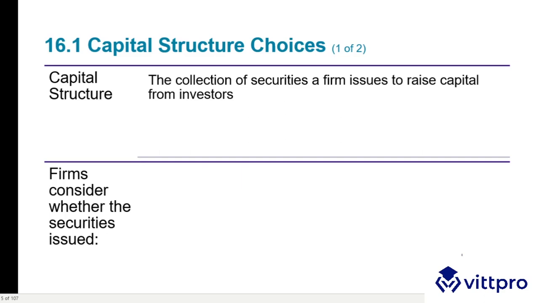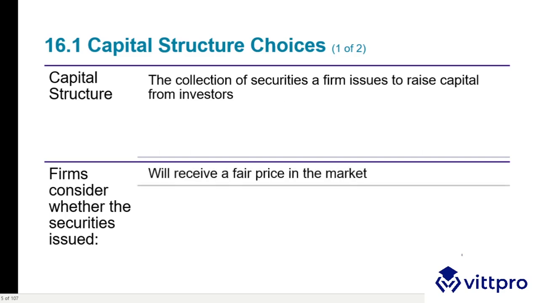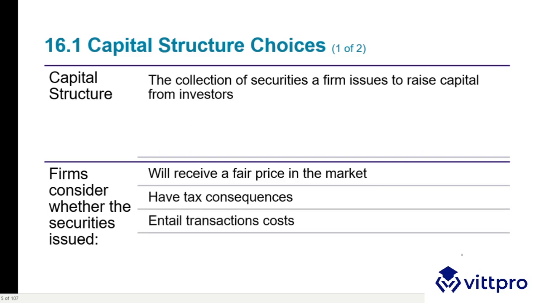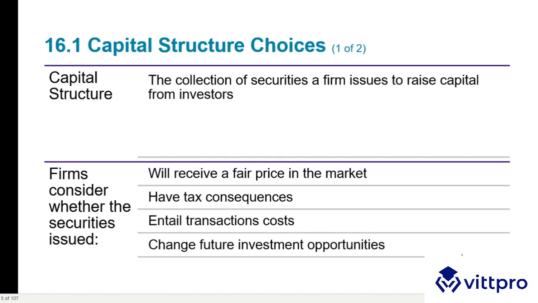The capital structure is the collection of securities by which the firm has raised capital from investors. It can be equity, debt, preferred share capital, or anything else. Firms consider that the securities issued will receive a fair price, and weigh the tax consequences, the transaction costs, and the change in future investment opportunities.